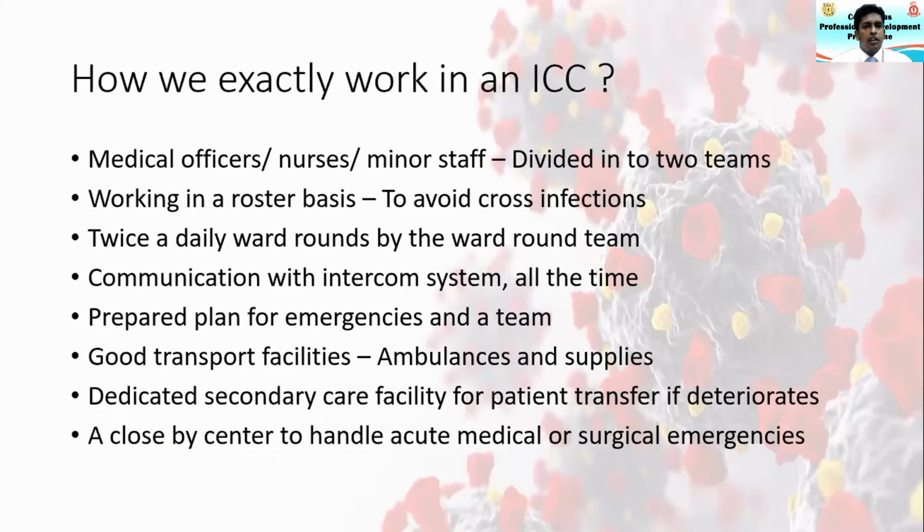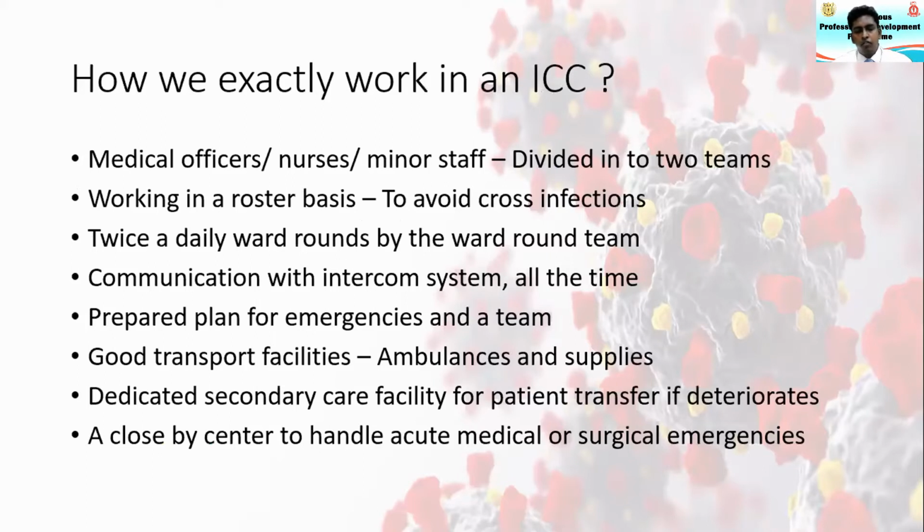So how do we exactly work in the ICC? We have medical staff, usually divided into two teams, working on a roster basis and doing twice daily ward rounds. We communicate with an intercom system all the time.